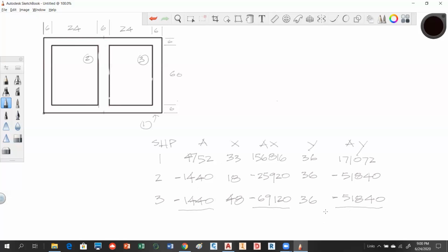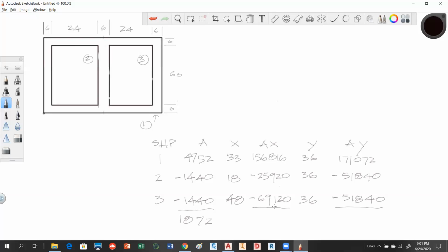So at this point, we're going to sum that column, that column, and that column, and we're going to do it algebraically, so positives and negatives. So you can come up with negative values. It depends on where the origin is. But in this case, since the origin is extreme lower left side, it should be a positive value for everything.